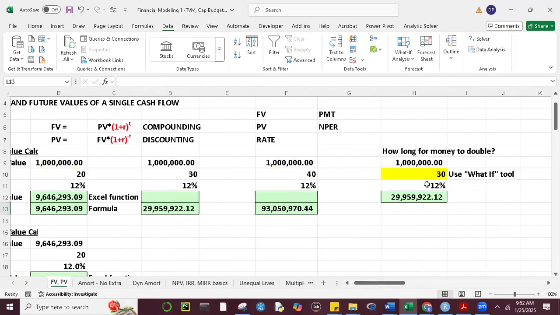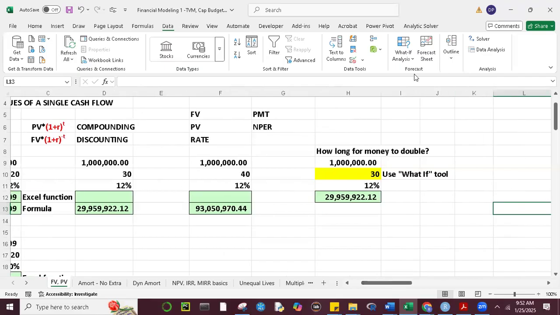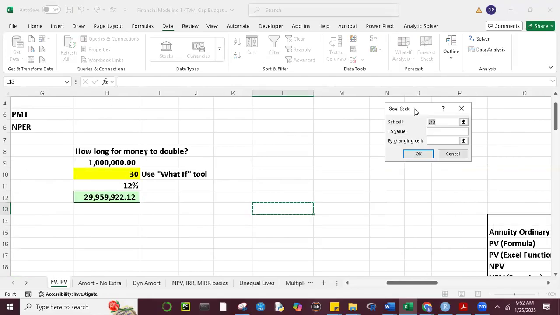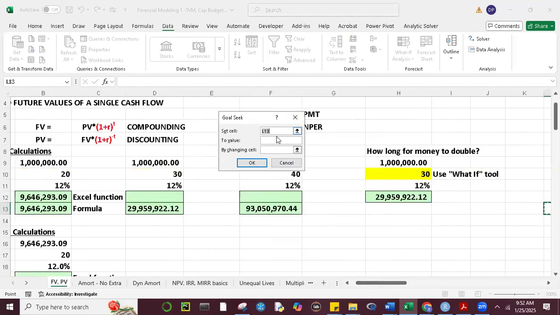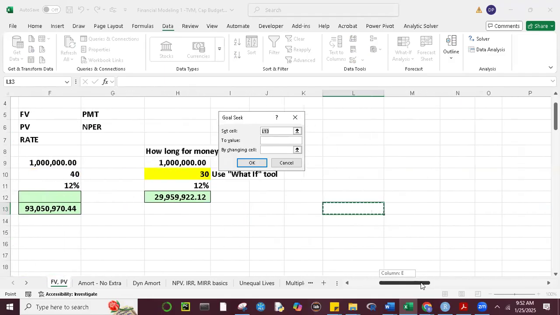What we're changing is the number of years. What we want is for this one to become 2 million, right? So let's once again go there. What-If Analysis, Goal Seek. Here, what do we want to set? We want to set, let me go here.